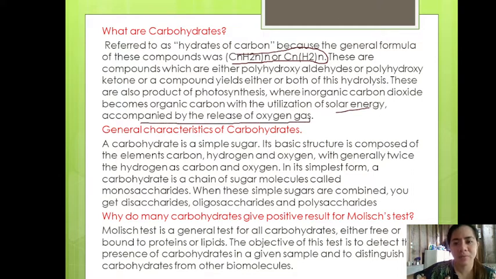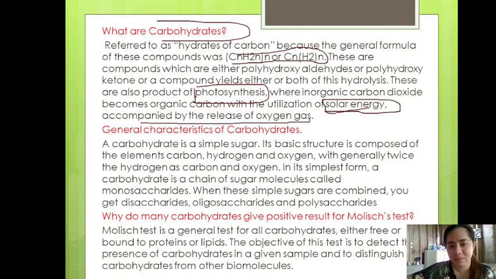Remember, carbohydrates are also a product of photosynthesis, which occurs in plants. There may be a question in your exam about where carbohydrates are usually found. In plants, carbon dioxide becomes organic carbon using solar energy, the sun, accompanied by the release of oxygen gas. Our plants release oxygen, so the more plants around you, the more oxygen is produced.